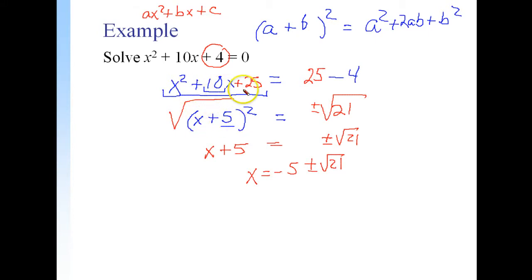But then to make the perfect square trinomial, I had to square the 5, 25. Put it on both sides, so it's still a balanced equation. Do my subtraction, take the square root of both sides, transpose the positive 5, and there we have our solution. Wow.